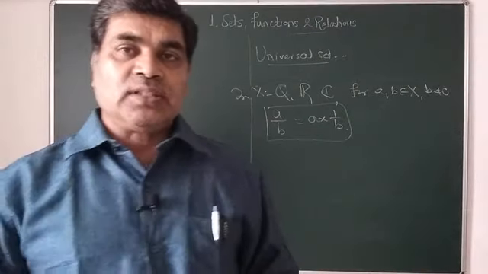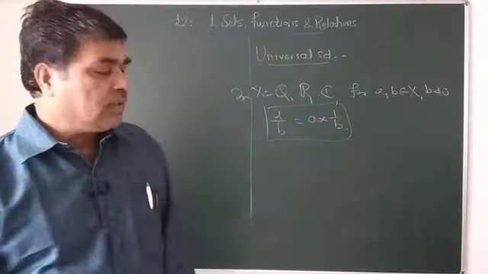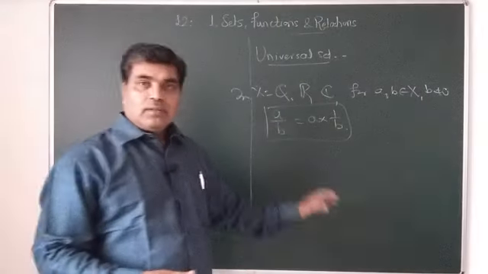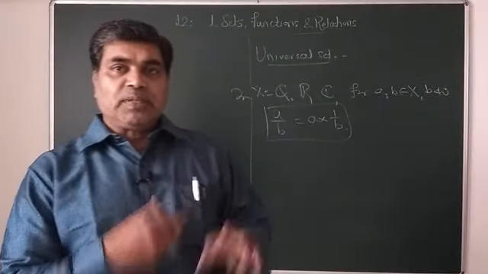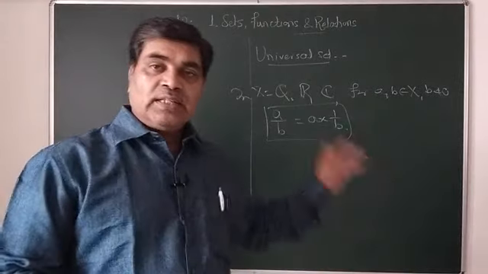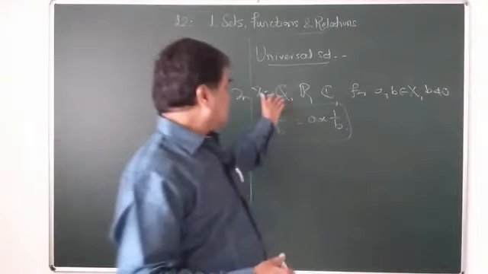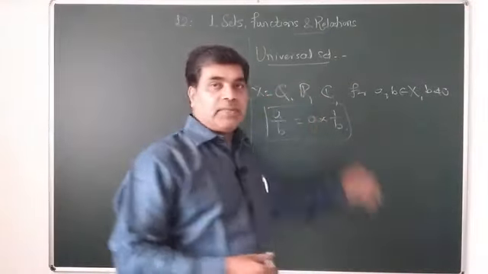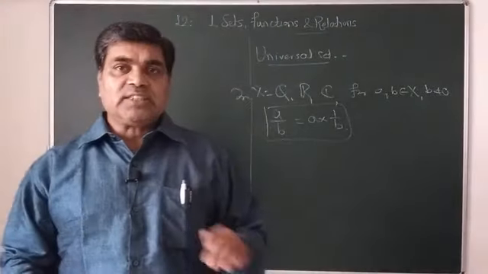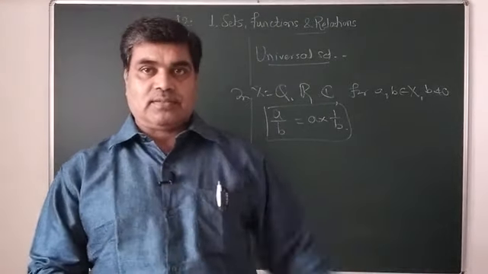So division is expressed in terms of multiplication, and so it is not necessary to talk about the prime number concept in those sets, rational numbers, real numbers or complex numbers. So the prime number concept is only up to the set of integers.